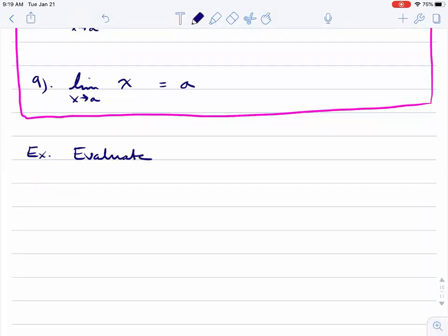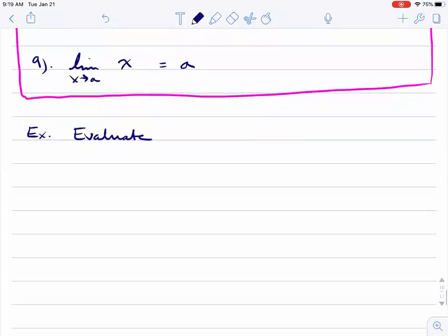What if we have to evaluate the limit as x approaches 2 of 2x squared minus 4 over x plus 5.